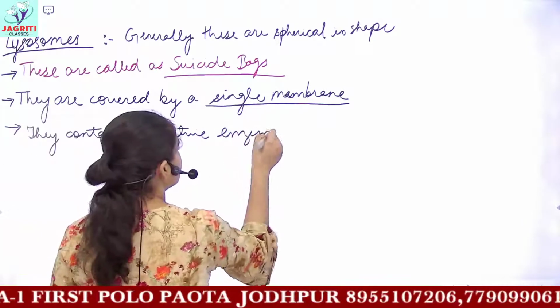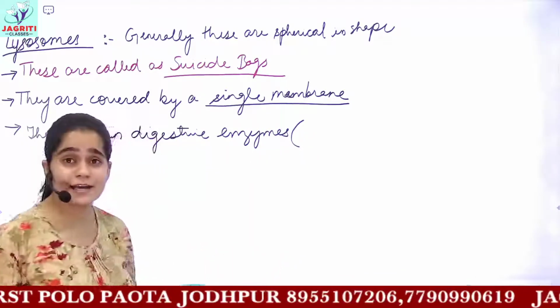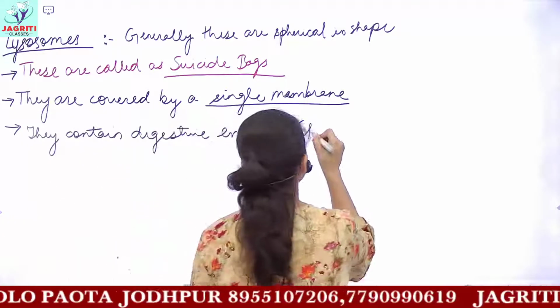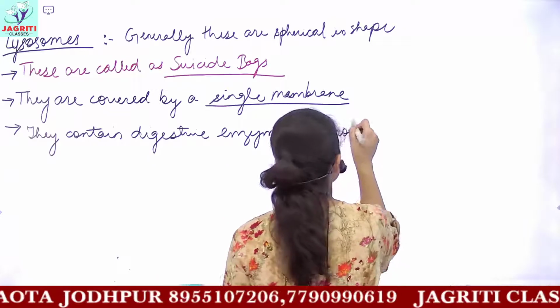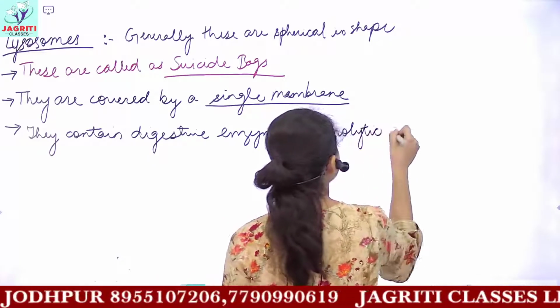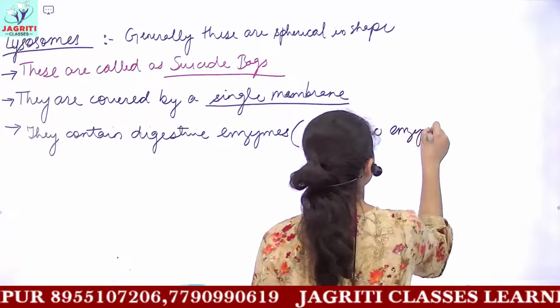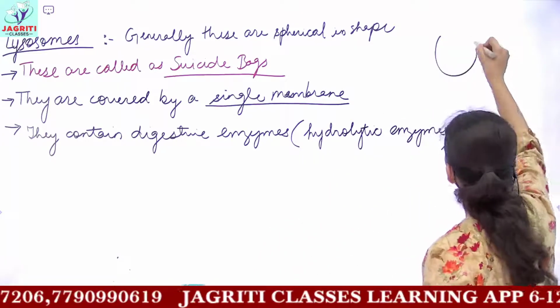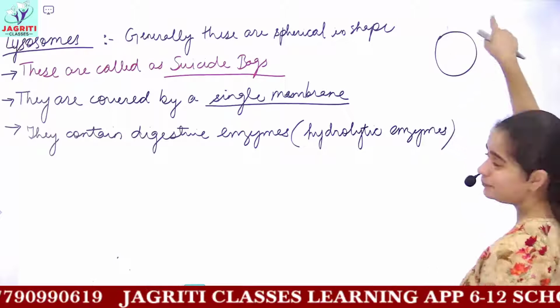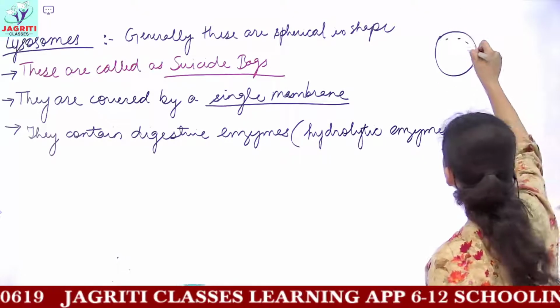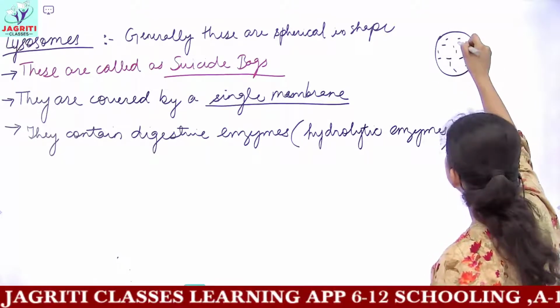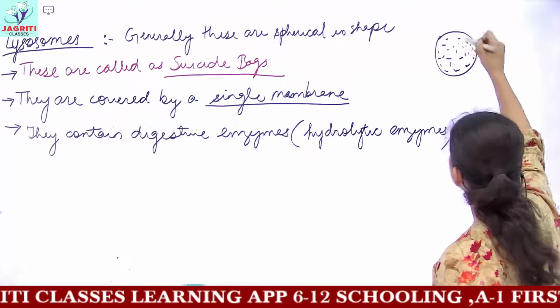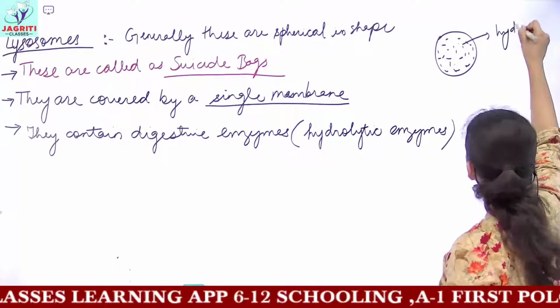And these digestive enzymes can also be referred to as hydrolytic enzymes. So lysosomes are generally spherical in shape, and these are a membrane-bound organelle which contain complex digestive enzymes, or you can say hydrolytic enzymes.